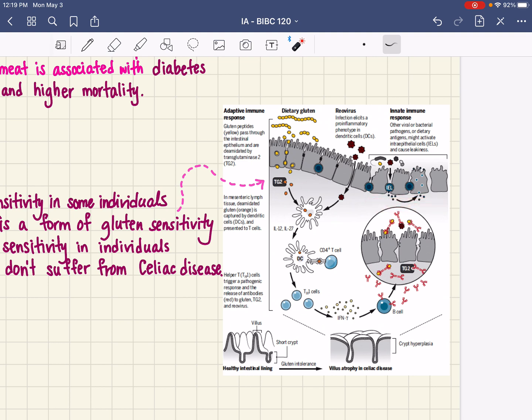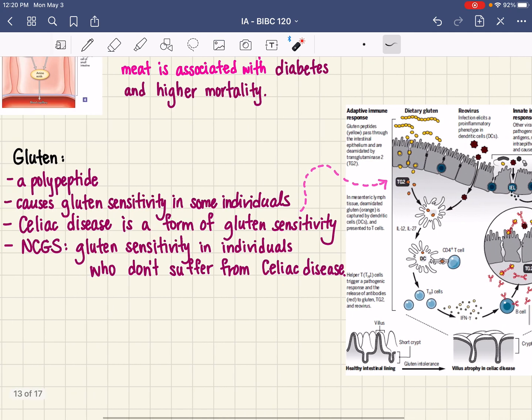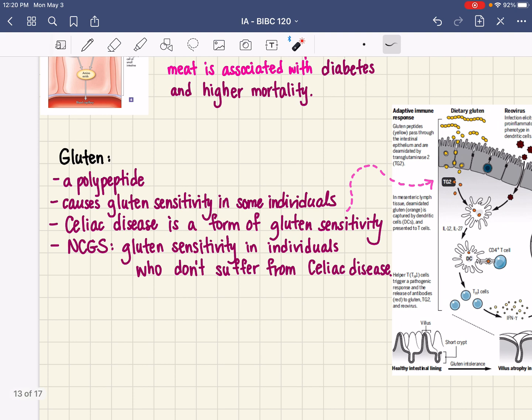So this is an autoimmune type of reaction that is happening because of gluten. And that is what celiac disease is.